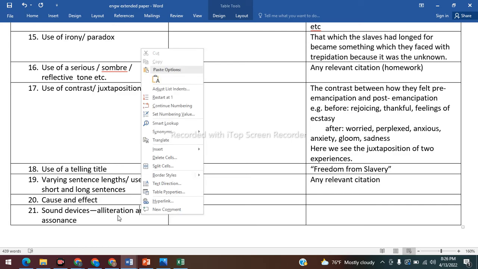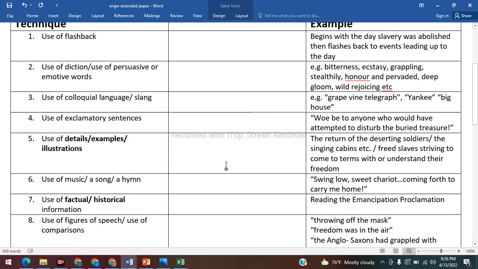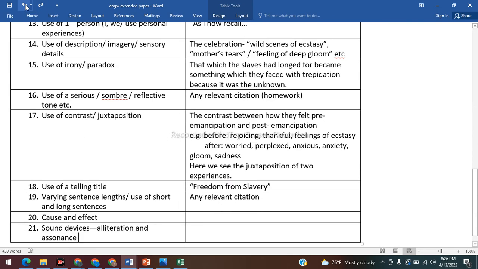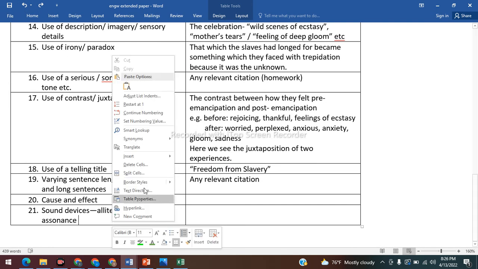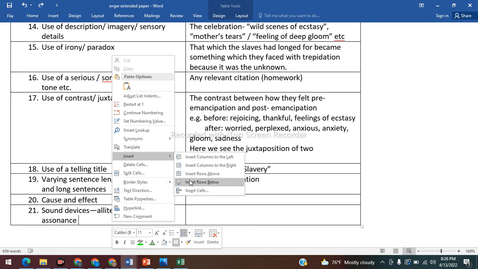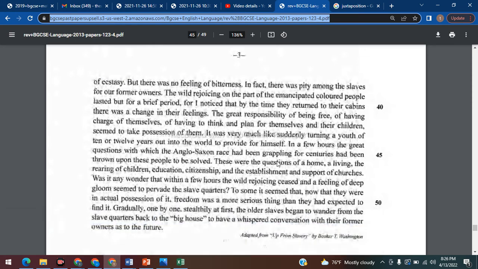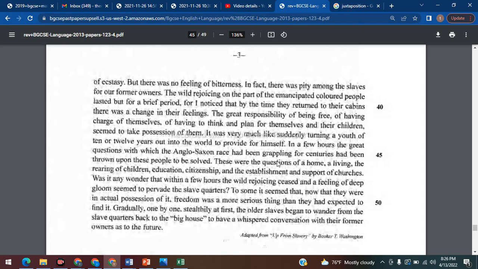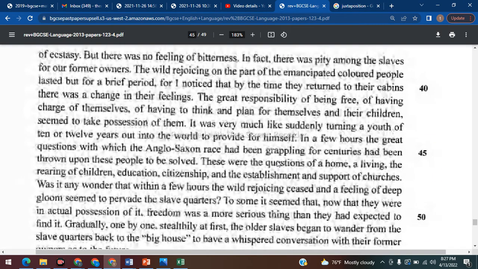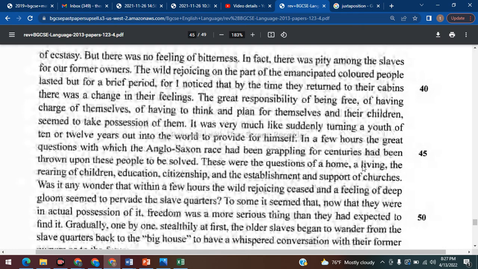Anyway, I added a row. Oh, sorry. I added a column. I should add a row. Now, when we look at this, right? Look at this. When they say there were questions of, they're saying that certain questions had to be solved by these people, right?